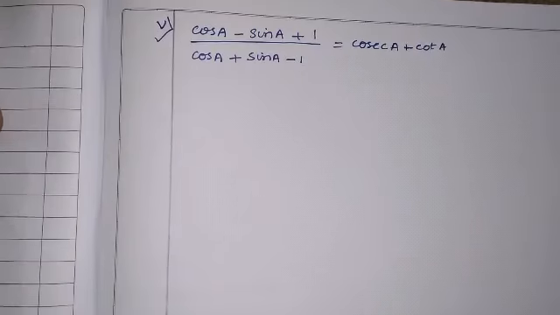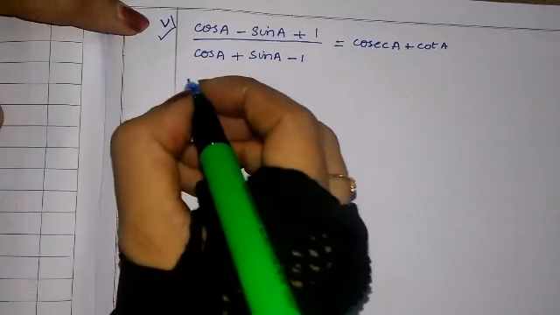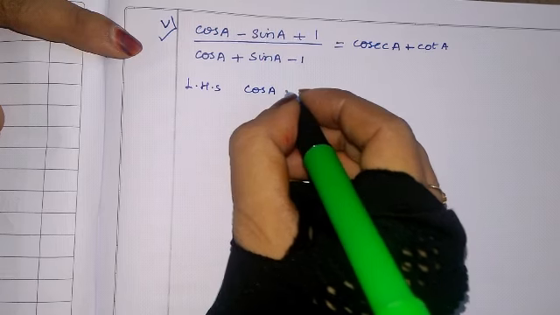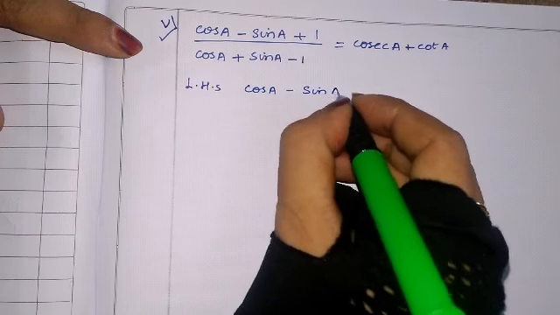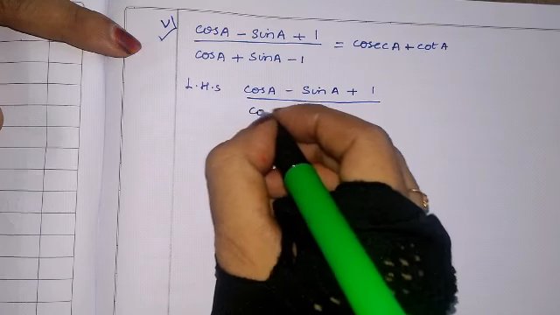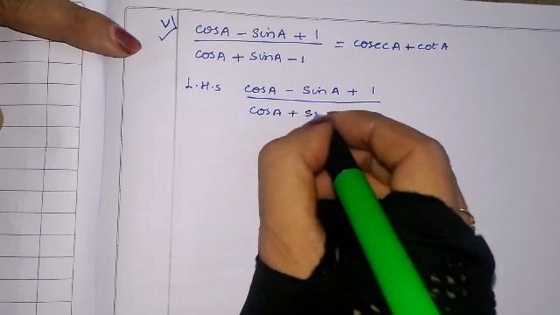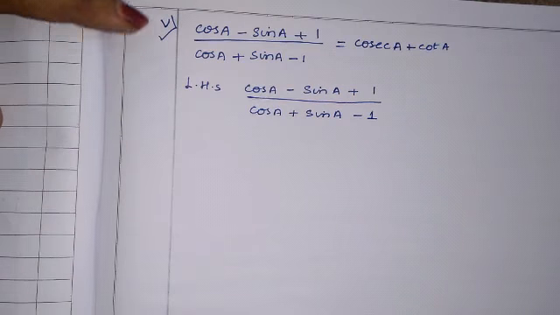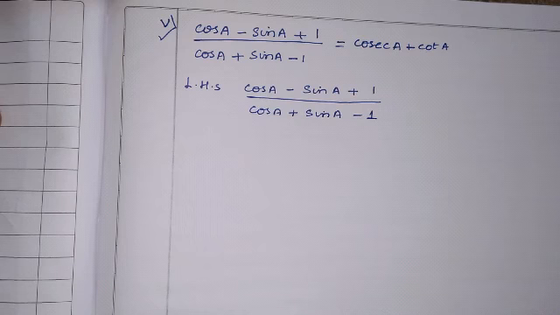Let me take LHS, which is equal to cos A minus sin A plus 1 upon cos A plus sin A minus 1. What we have to do to bring the answer?